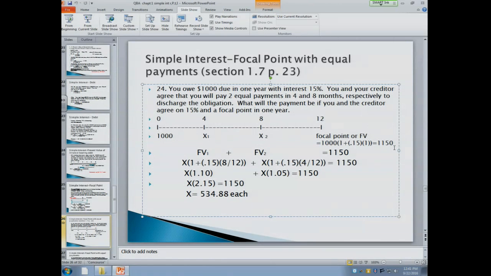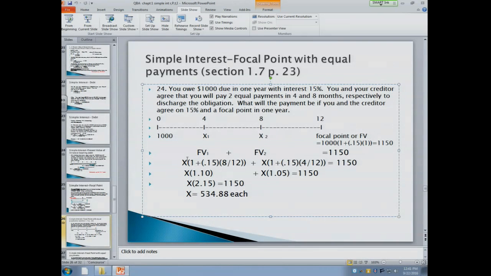You can't just divide $1,150 by 2 for these 2 amounts because they're 2 different times. Okay? We have to value X1 at 12 months. We have to value X2 at 12 months.